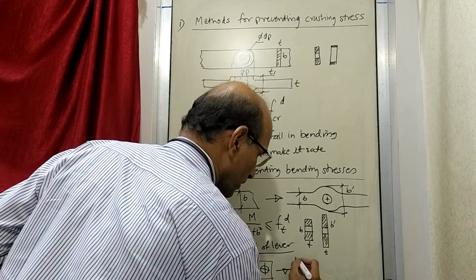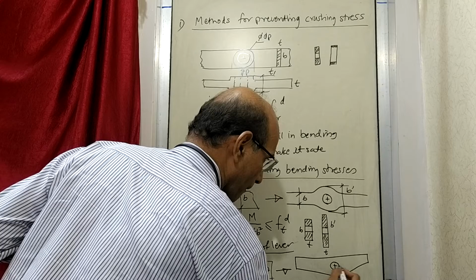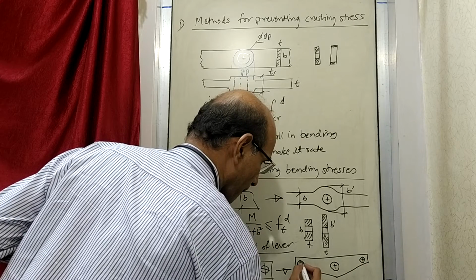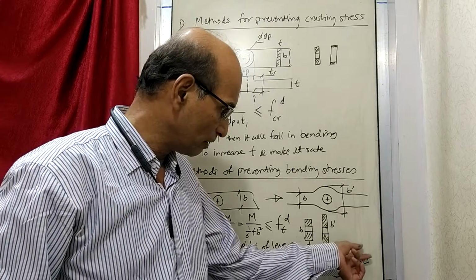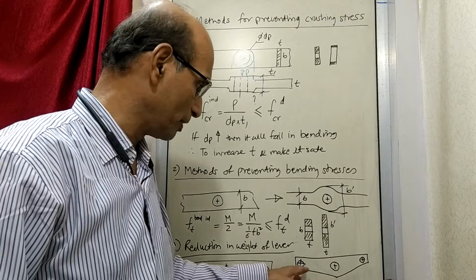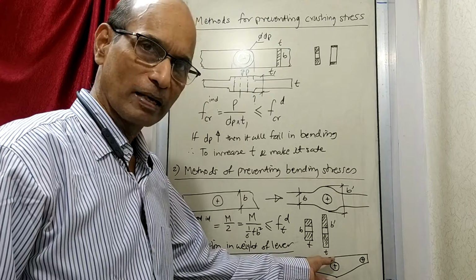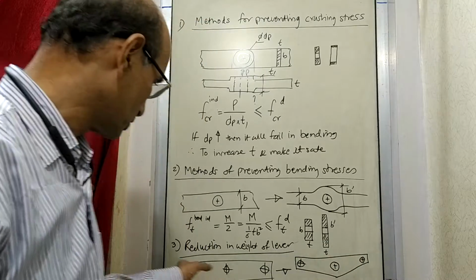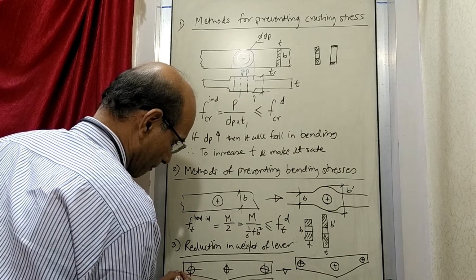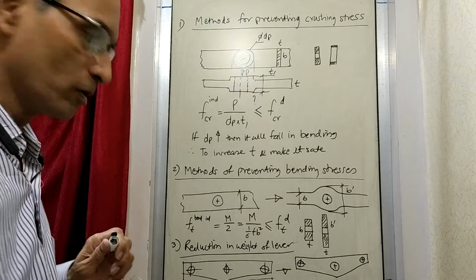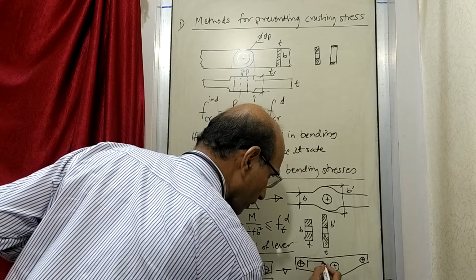One is by making the shape, that means where the moment is maximum, the width is more, and at the two ends the width is less, because as you know moment is 0 here and is maximum here. So according to that we can keep the width maximum here and reduce here, so that there could be some reduction in weight. That means here we are just removing this material and reducing the weight. Okay, or the other way could be you can do this, plus you can even remove material from here.